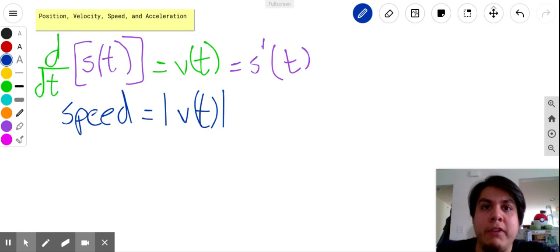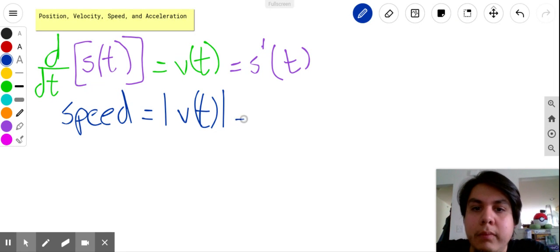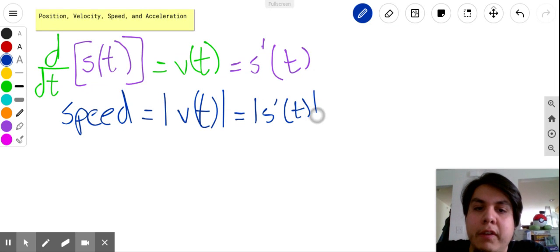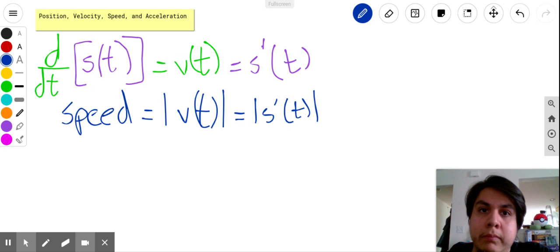It doesn't matter if it's moving in a positive or in a negative direction, just how fast it is moving, right? So you think about speed as the absolute value of the derivative of a position function, all right? I will be available if you guys have questions about this. Just ask, because hopefully this makes sense, especially to some of you physics kids out there.